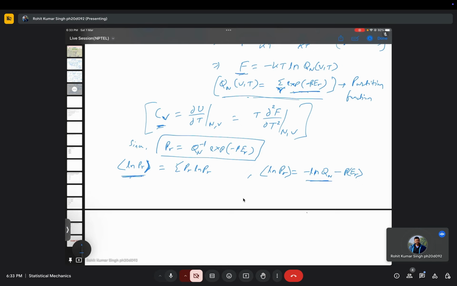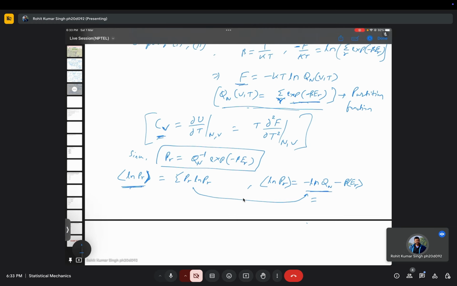So we can equate this and this. But wait, what further can we write? Log of Q_N is, from here, F by kT. And this is just the internal energy.